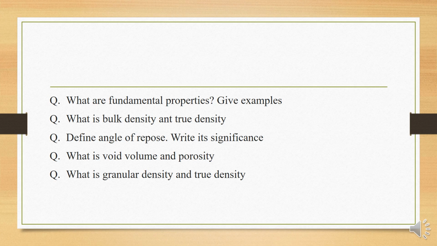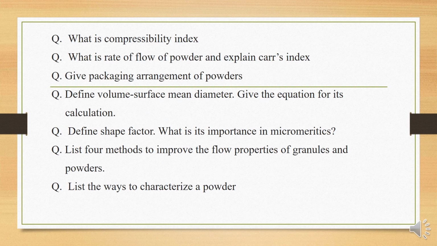True density means the weight of powder by the true volume of powder, and the true density depends on the type of atoms in the molecule as well as the arrangement of the molecule. Next question is about what is compressibility index, what is rate of flow of powder, and explain Carr's index. All are focusing on Carr's consolidation index, which we study under flow properties.